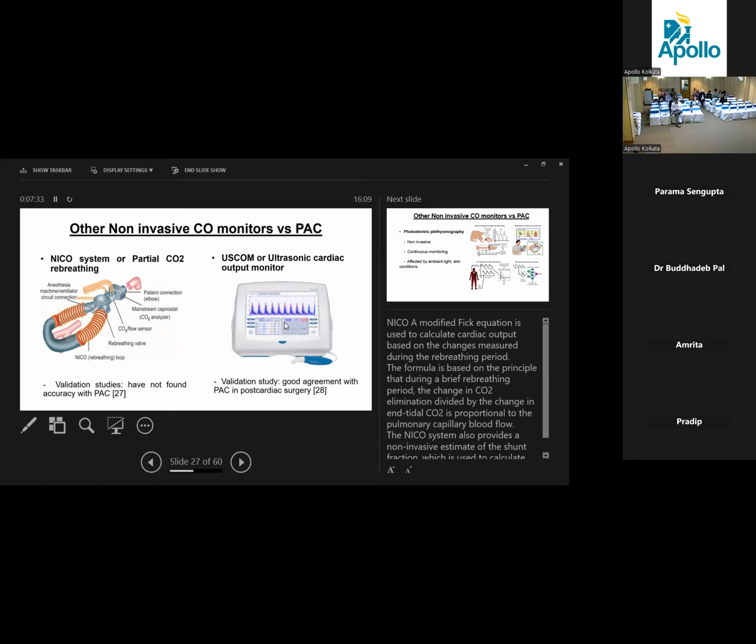The ultrasonic cardiac output monitor can also be applied. It is a non-invasive and portable cardiac output monitor. The probe is applied either left parasternal for the pulmonary artery or suprasternal for the aorta, for measuring VTI and cross-sectional area, which eventually gives us the cardiac output.